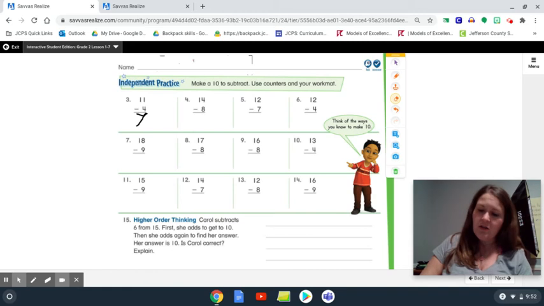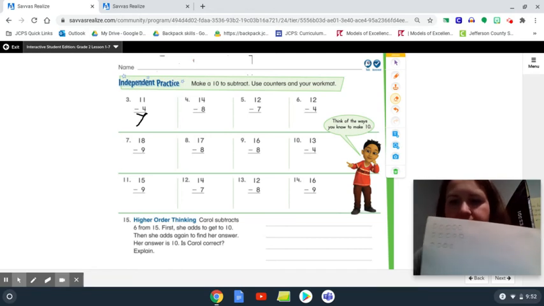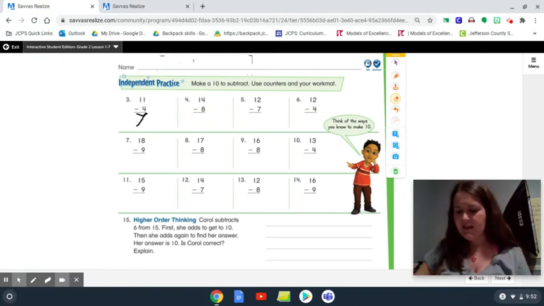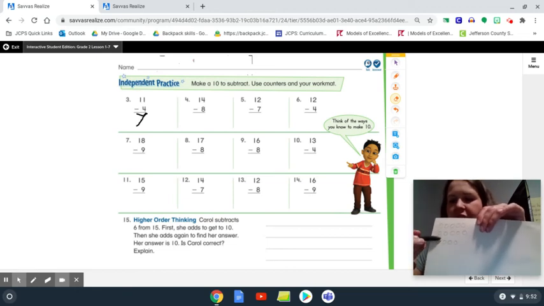So I'm going to draw 14 dots. There are my 14 dots. I did 5 on top, plus 5 more, and then plus 4, because I like to keep them all in a line so that it's easy for me to see what I'm doing.